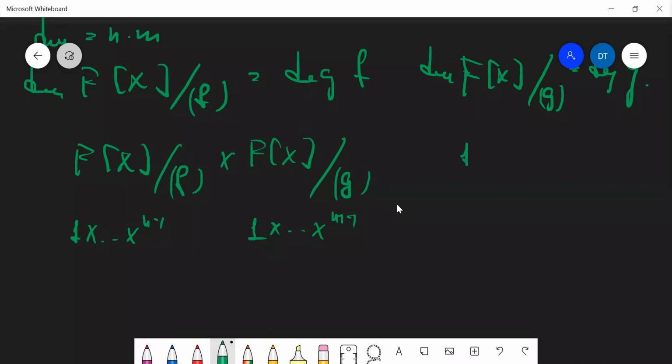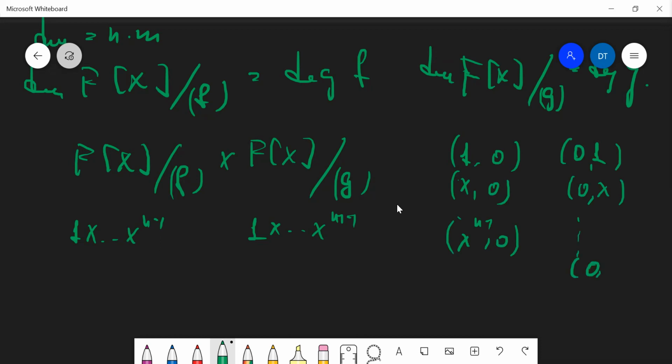Well, one can show that the elements of this form are the basis of the direct product, because the direct product is basically the direct sum of the vector spaces. So this is the basis.